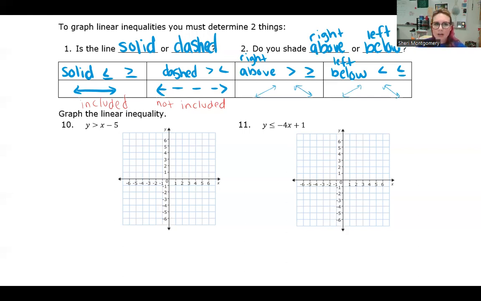So to shade above, it is above or it's to the right, or it's kind of both. It's above and to the right. So when you shade above in your positive line, you're shading right here. That's where you shade. You're above and you're to the left. Sorry, above and to the right.